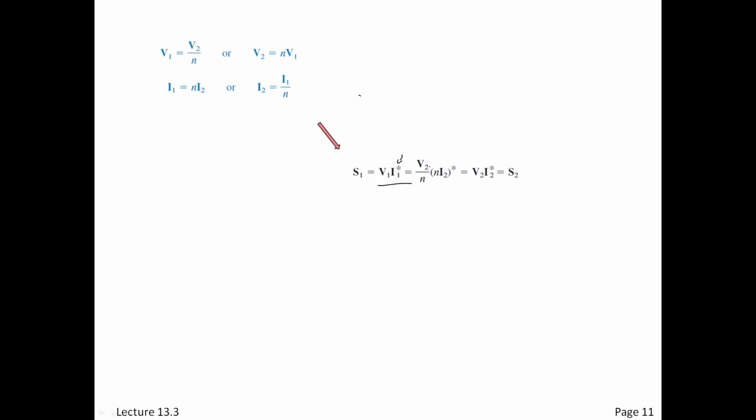Notice the conjugate. And that's just simply plugging the values from above, V2 times N, over N times I2 conjugate. All right, and the N's cancel, and we get this, right? So the product of the voltage times the conjugate current on each side yields the power there.